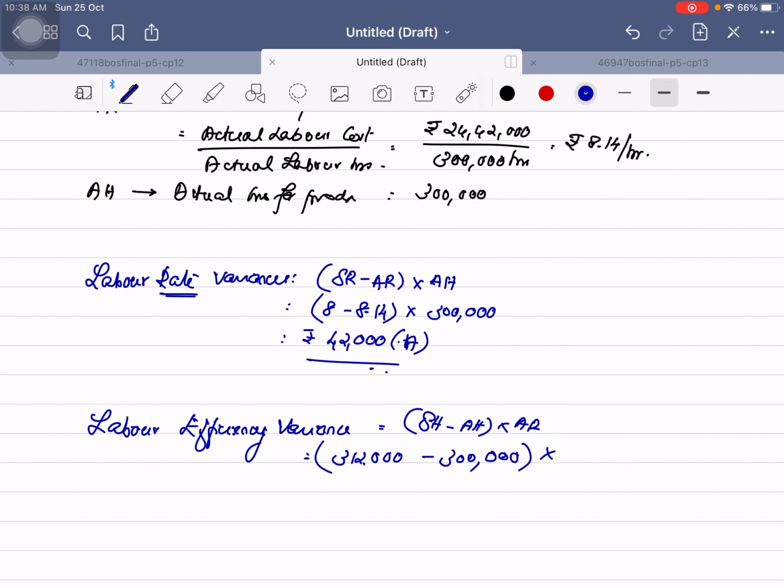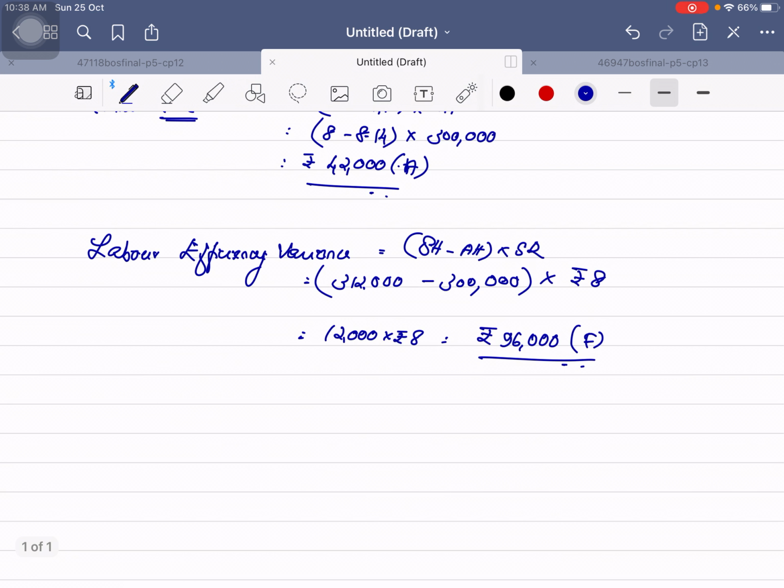Into SR. SR is rupees 8, not 6, rupees 8. So that is equal to 12,000 into rupees 8, which is rupees 96,000. Is it a favorable or adverse variance? Standard hours is 3,12,000, but actual hours consumed is only 3 lakh. So the hours consumed have reduced, so it is a favorable variance.